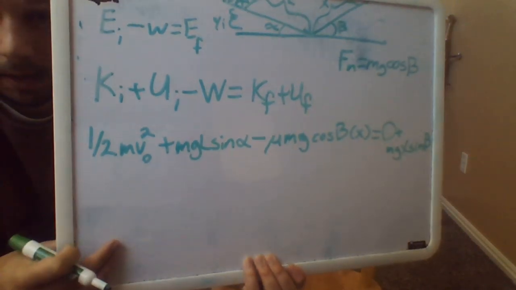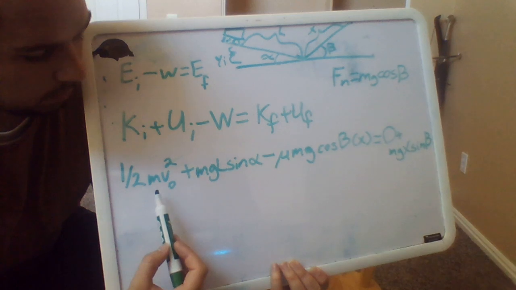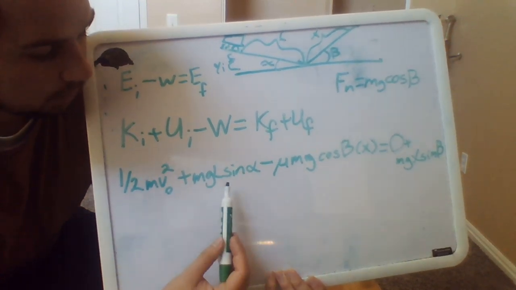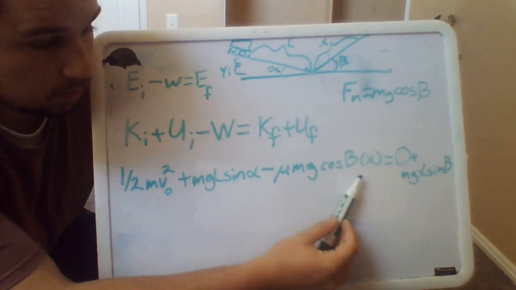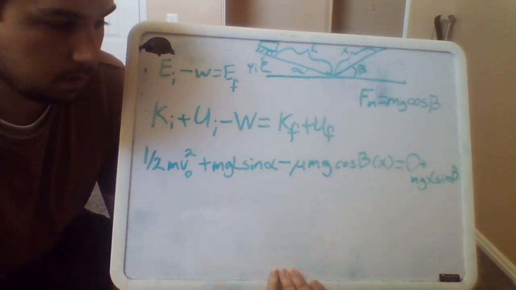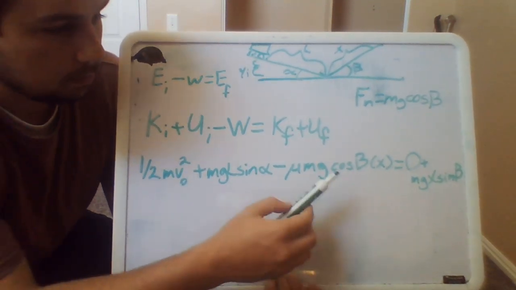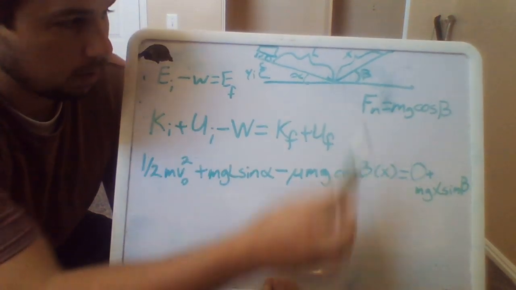Okay, so once we've written it all out, we have this huge equation, 1/2 m v0 squared plus mg L sine alpha minus mu mg cosine beta x. That's all for the initial energy. And that's all equal to 0 plus mgx sine beta. Now we're going to simplify.